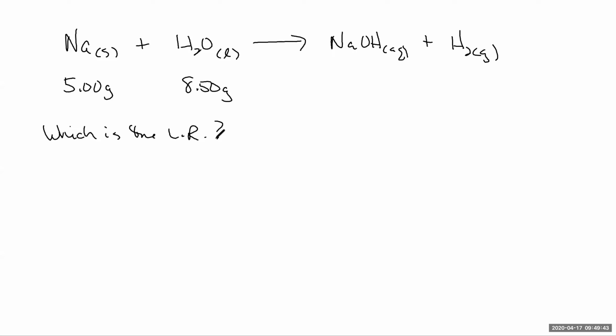And so you can go through the steps completely, or you can stop halfway through or two-thirds of the way through. The key here, though, is to make sure your equation is balanced. So if I look at this equation and I try to balance it, I have 1 sodium, I have 2 hydrogens, I have 2 hydrogens here, but I have a third, so hydrogen's not balanced, and I have to figure out a way to get that.